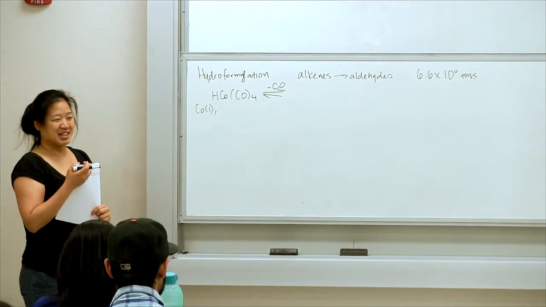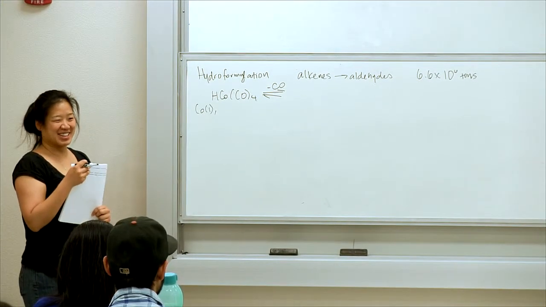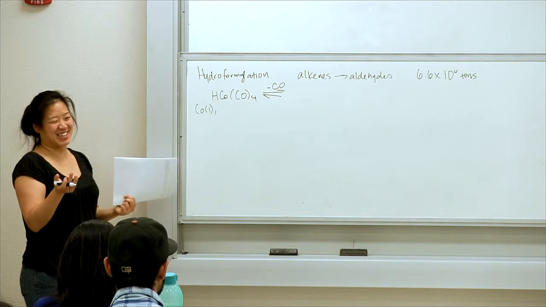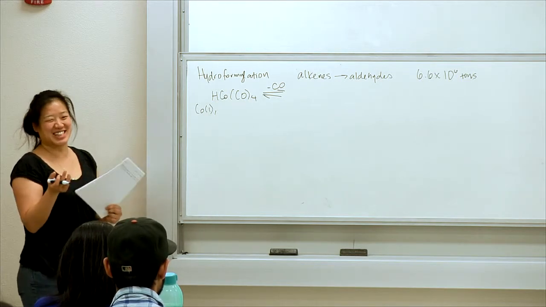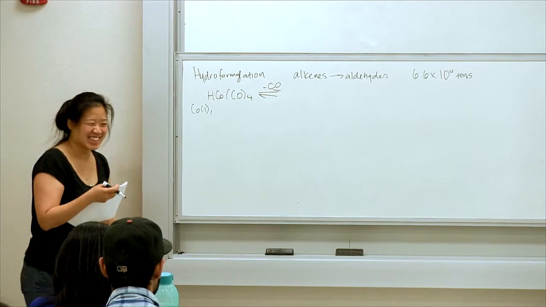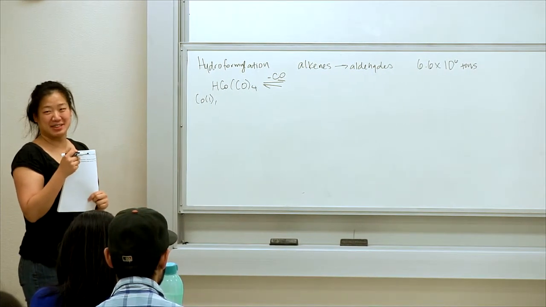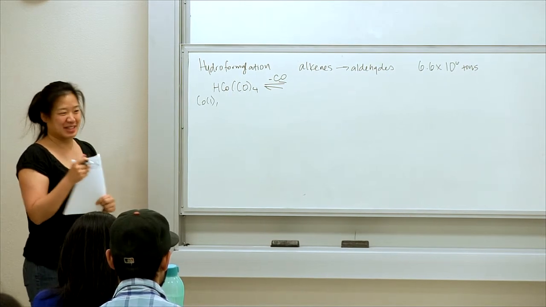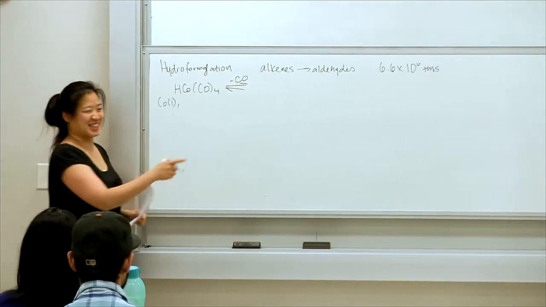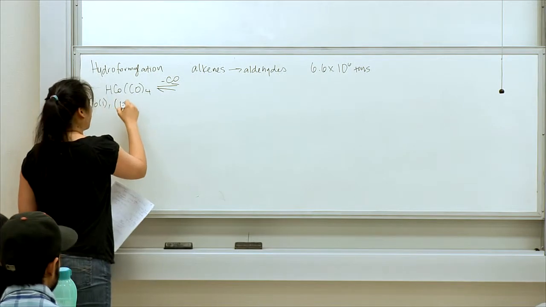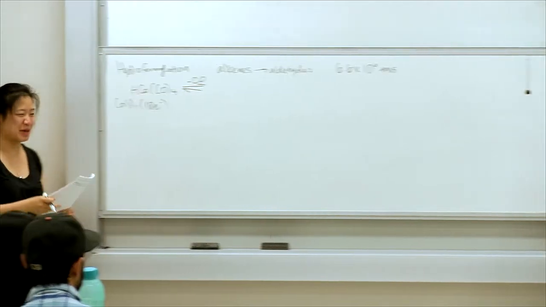Huh? Is it 18? No. Are you guys guessing? I'm asking. You don't have to check, but obviously you were very confident in your answer. Is it? Now you're more confident? I'm pretty sure it's 18. It is 18. It is 18 electrons. Okay, so it's an 18 electron compound.